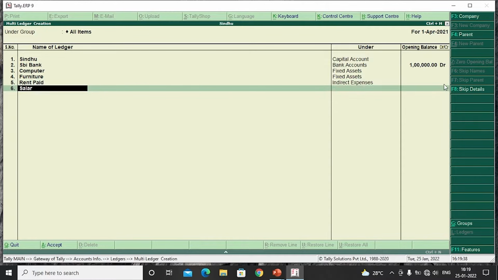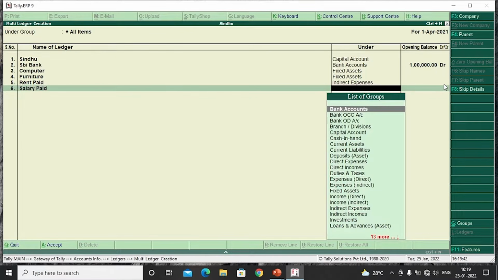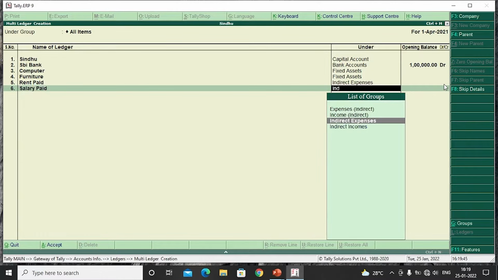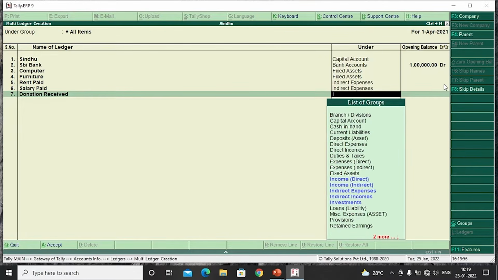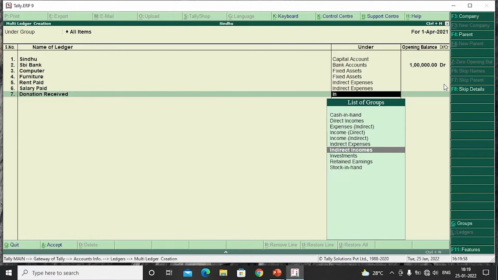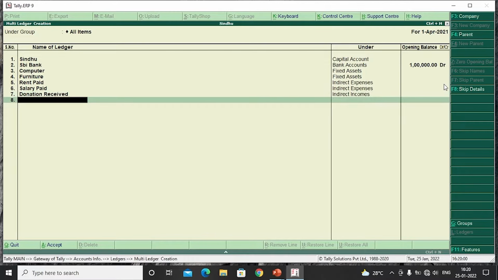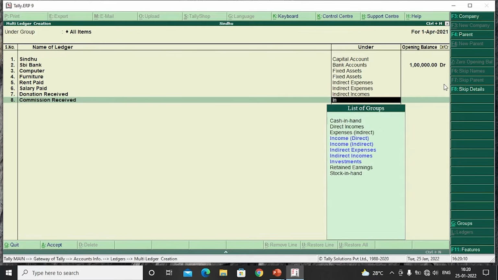Salary paid, indirect expenses. Donation received, indirect income. Commission received, it is also indirect income.